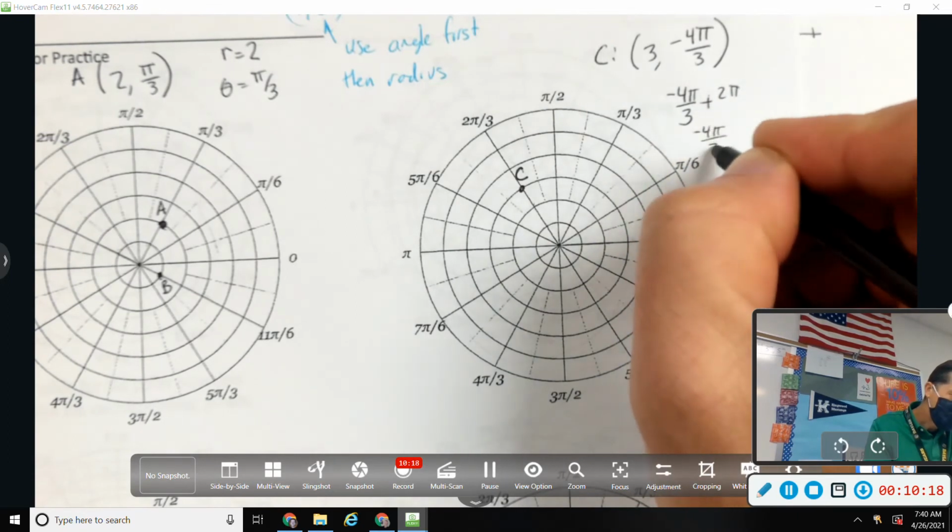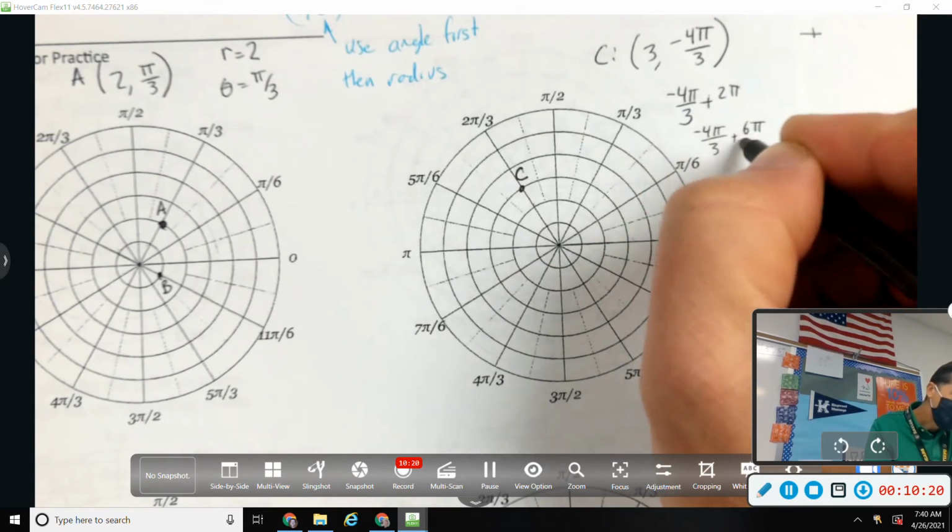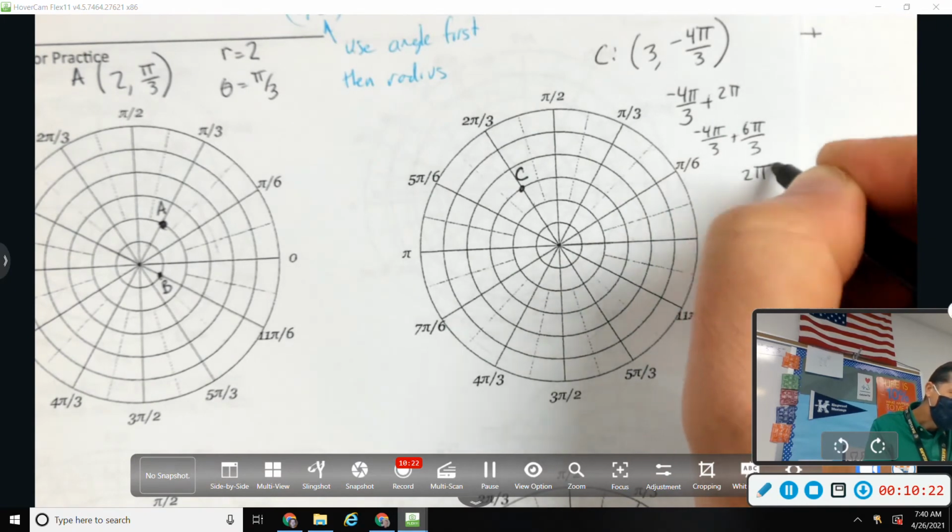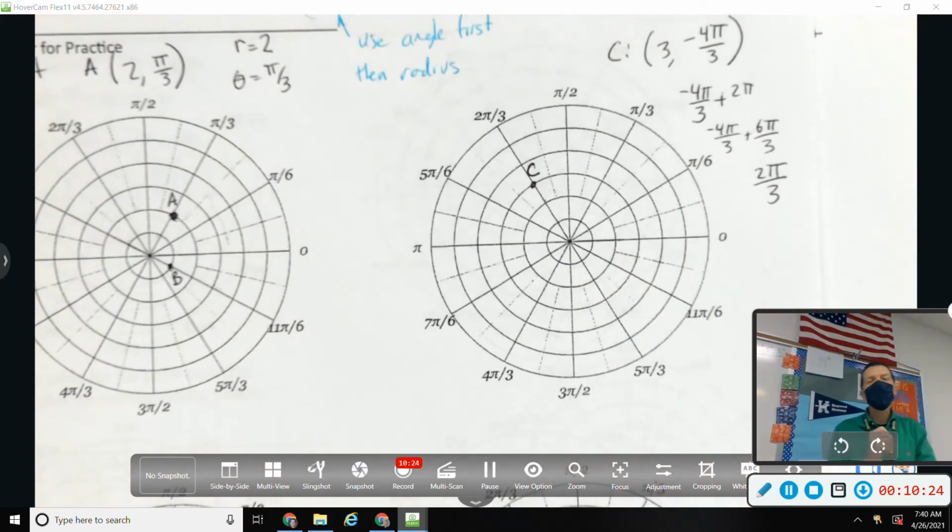And of course, add fractions correctly, though. And you end up at 2 pi over 3. So most of you won't need to do that, but if you hit one and for some reason your brain locks and you can't figure out how far backwards that is, well, add 2 pi and just go the other way to get there.